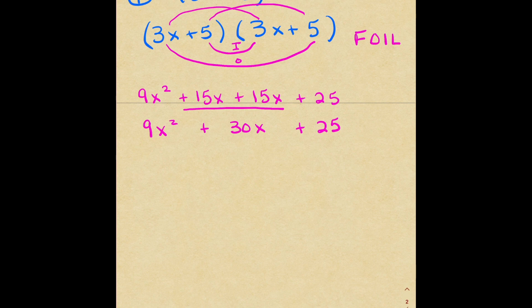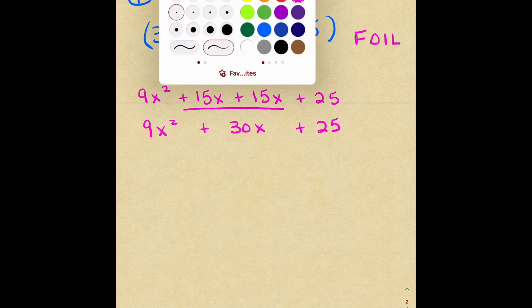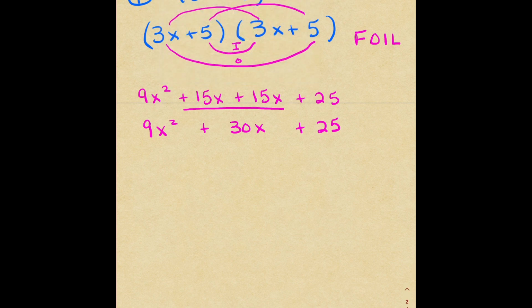So here's where the pattern comes in. What we can see is that in the beginning we had 3x, and that will become 3x squared. 3x squared is the same thing as 9x squared.